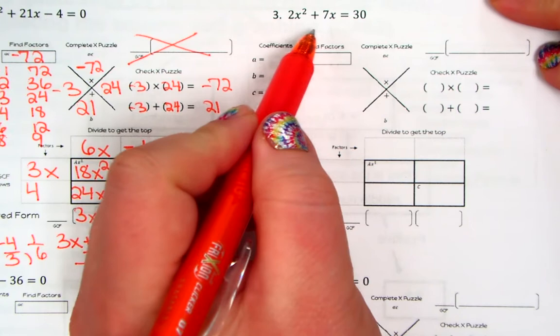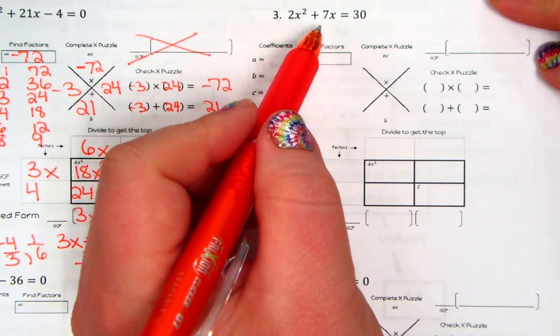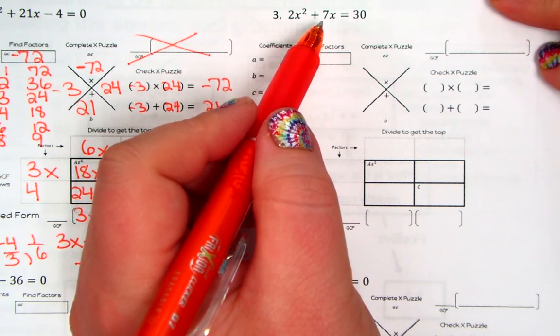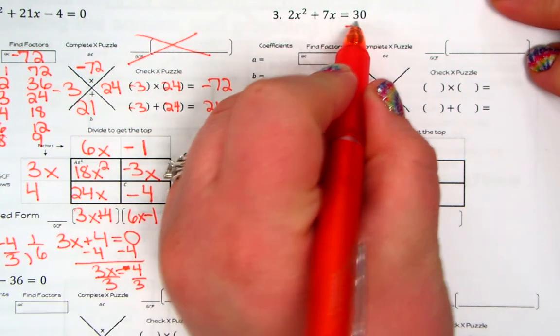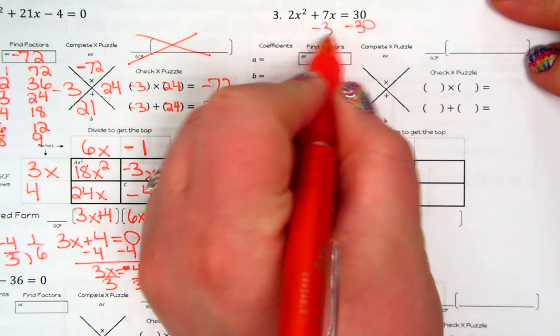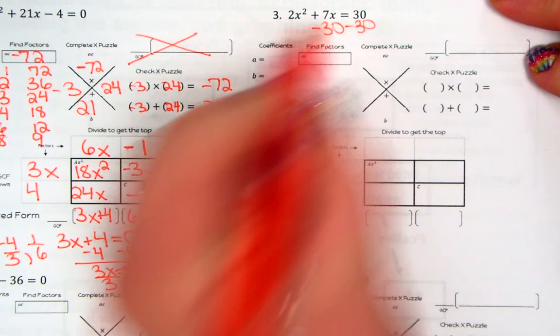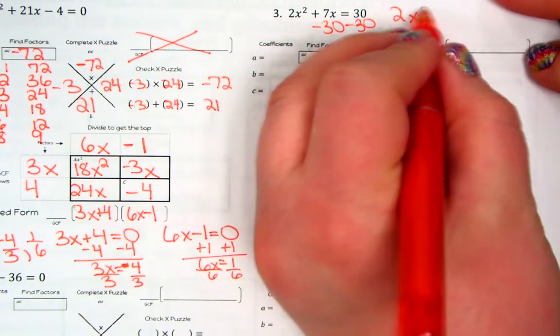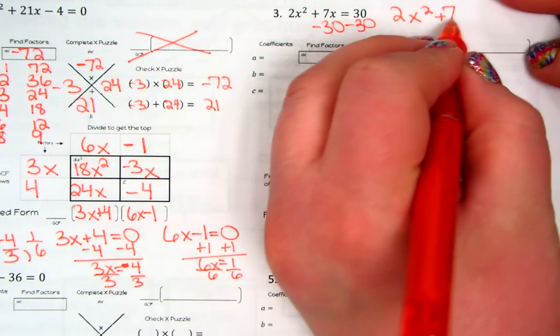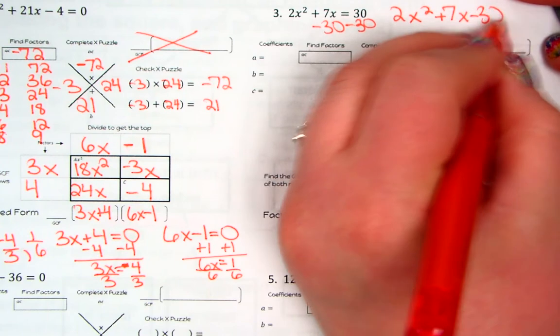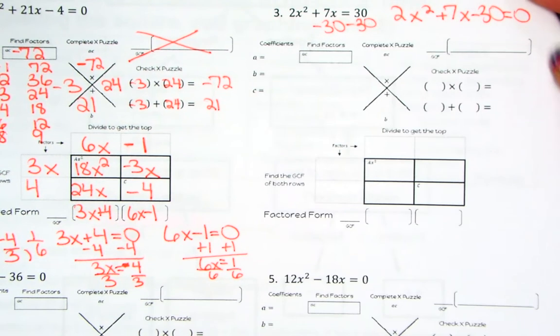So number 3 is a great example of one that's not in a form ready for me to do factoring. I have to actually subtract 30 from both sides. So I have 2x squared plus 7x minus 30 equals 0.